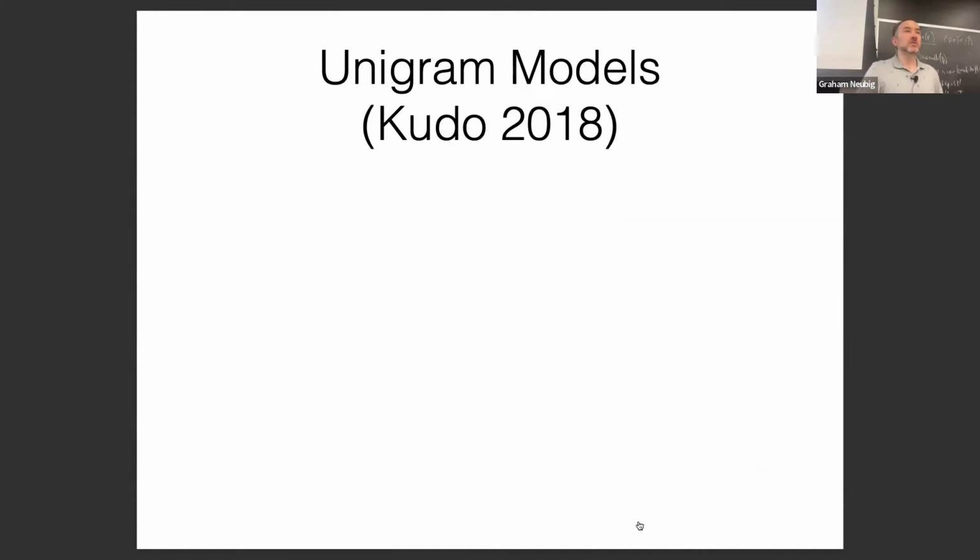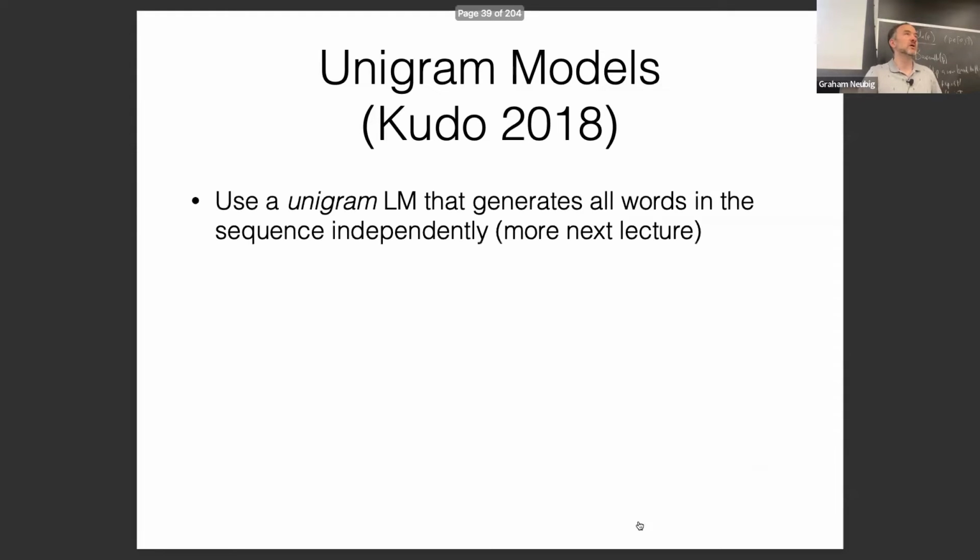The other method that people use is based on unigram models. Unigram models are a very, very simple method for language modeling, which we're going to talk about in more detail next time. But basically, a unigram model calculates the probability of every word independently and calculates the probability of a sentence based on the product of the probability of all of the words in the sentence.